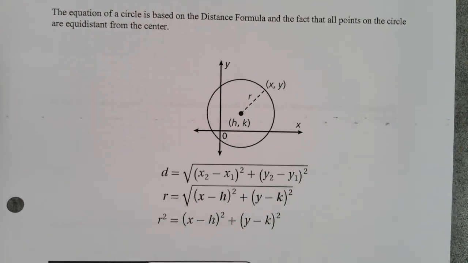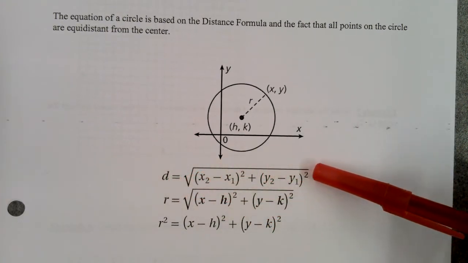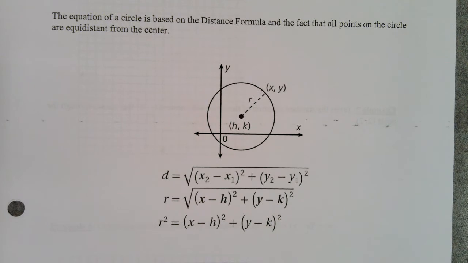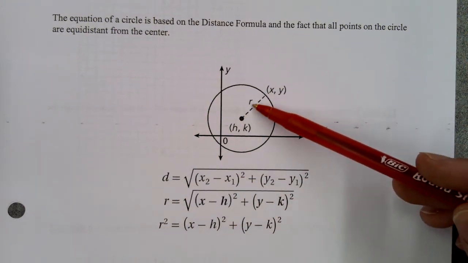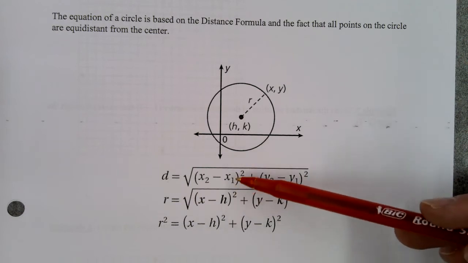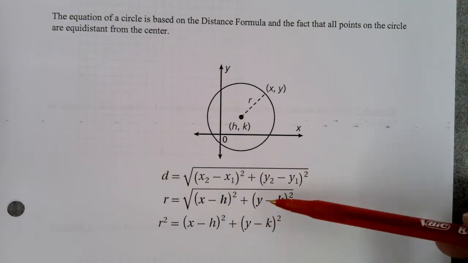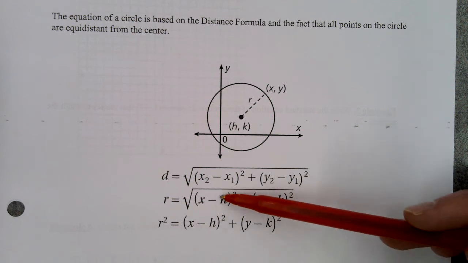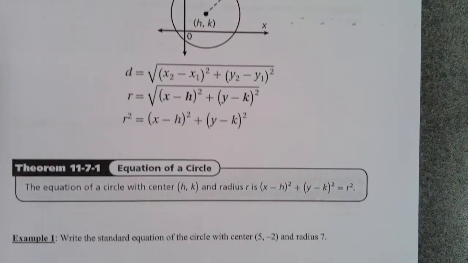So here is the distance formula. It equals the square root of (x2 minus x1) squared plus (y2 minus y1) squared. If you replace the distance with the radius r, and you replace x1 and y1 with h and k, because that's what's used for the center of a circle, it brings you to this formula, and that is the formula that you need to know.